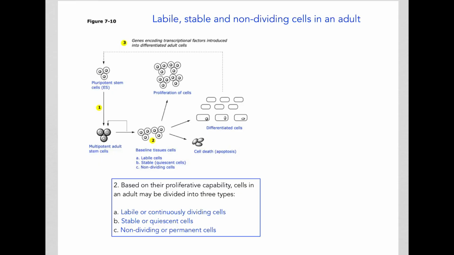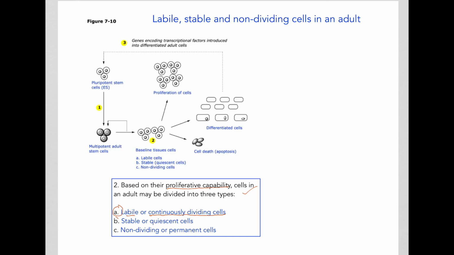So based on their proliferative capability, the cells in our body in an adult may be divided into three types. The first is what we call labile, or in other words, continuously dividing cells. These are cells that can divide very rapidly.